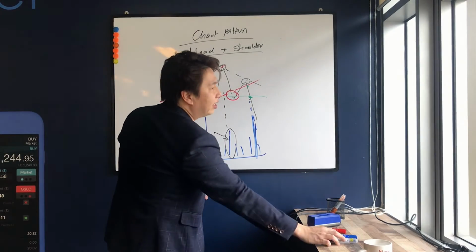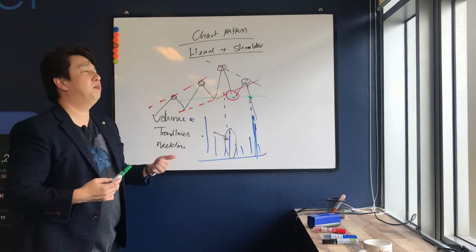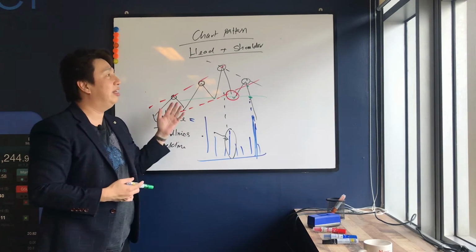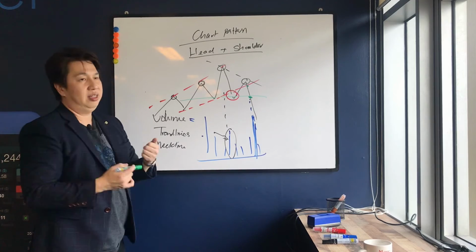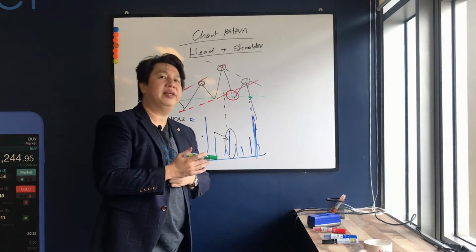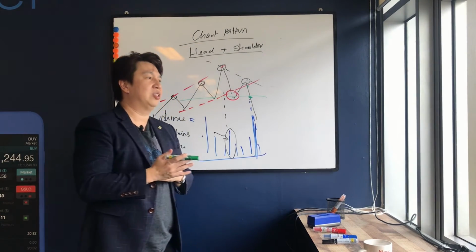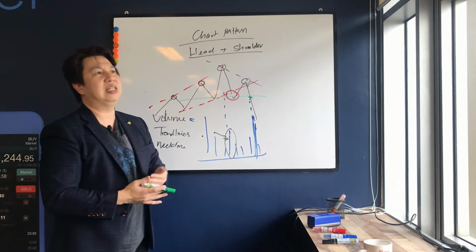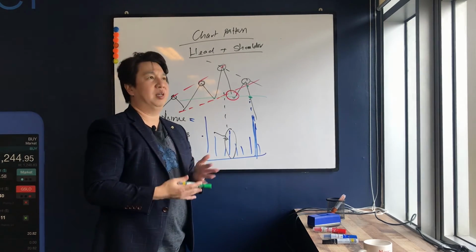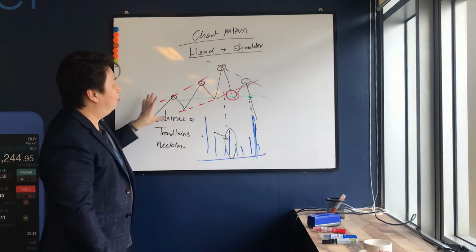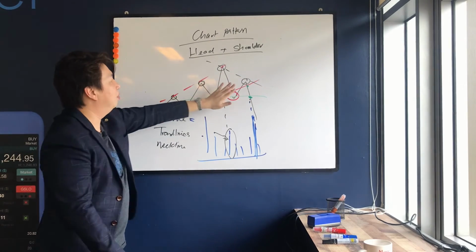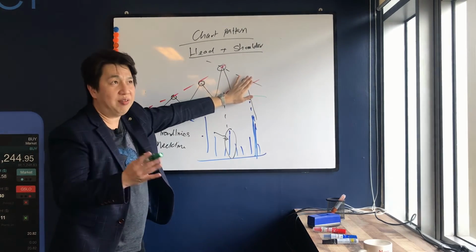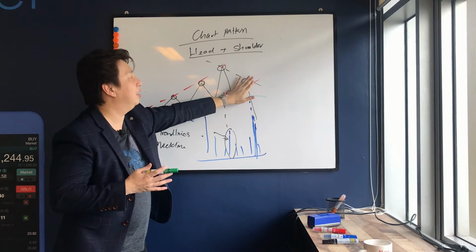So what is the purpose of identifying a head and shoulder pattern? The first thing is, head and shoulder pattern is something that is rare. That means it doesn't form regularly, because generally, prior to this move, you want to assume that the current move, the current high, or the current trend is the correct trend.